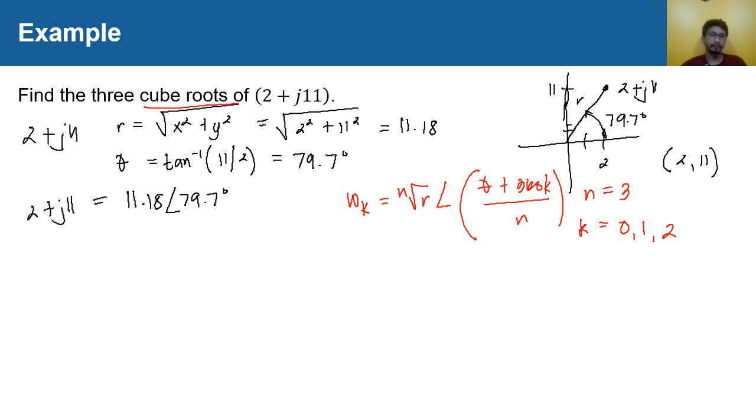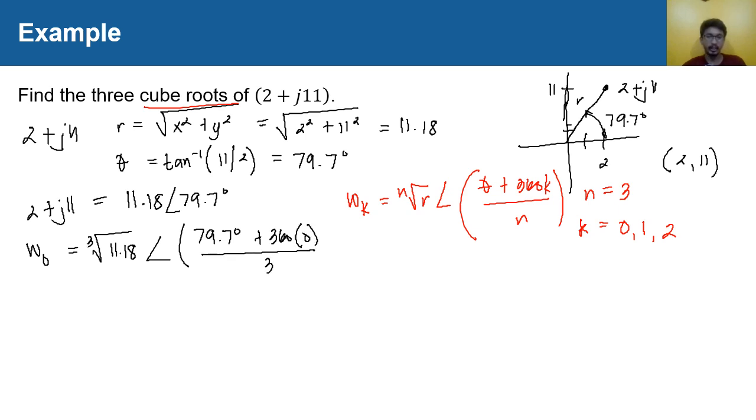First we solve for w sub 0. That is the nth root of r, so the cube root of 11.18 bar angle, your theta is 79.7 degrees plus 360 times k, which is 0, divided by n, which is 3.